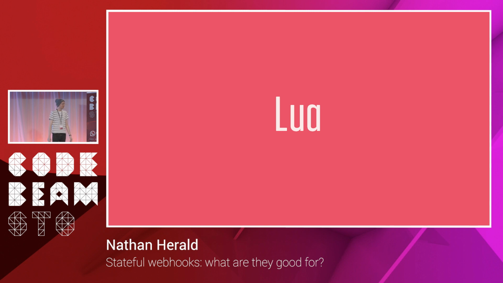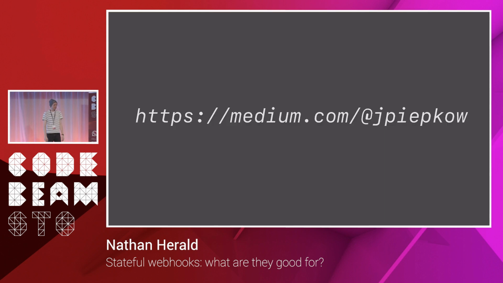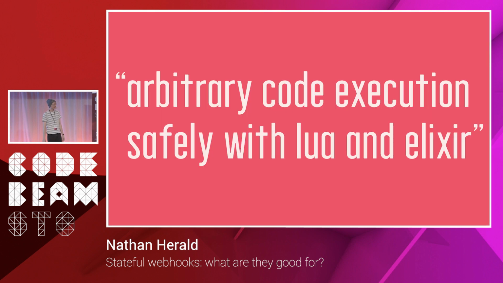Turns out, of course, I do a lot of work, and someone else has already done it. There's also another language called Lua, which is very similar to JavaScript in that it's prototypal. They're the only 2 prototypal languages I know about. This person on Medium, JPIEPKOW, wrote an article with this title, which is Arbitrary Code Execution Safely with Lua and Elixir, and I wish I had read this before I wrote all the stuff that I just showed you.